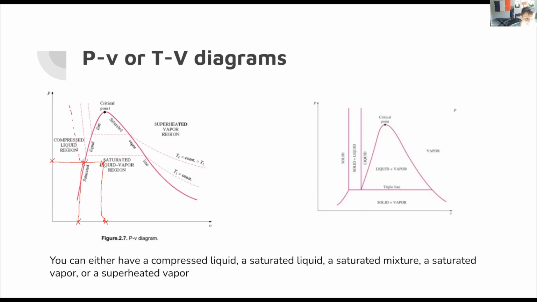So just like those lines that you see at the top, and it's given to you that you're in the saturated liquid phase, you could find the specific volume. Now, if you're right in the middle, then you can't really use it to find any other properties in this case, because pressure and temperature are dependent on one another.